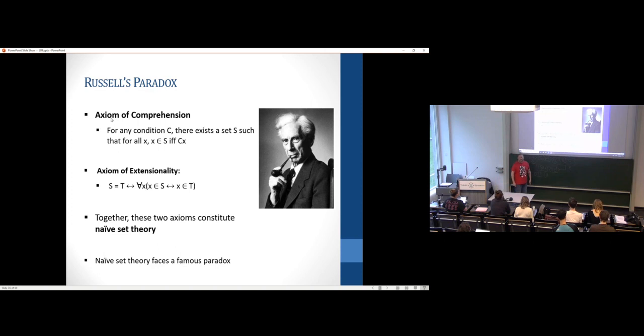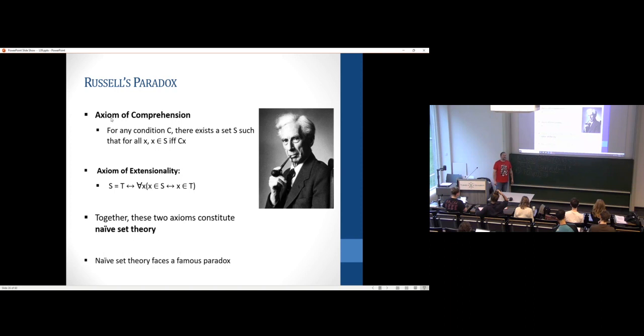So the axiom of comprehension tells us, hey, think of whatever condition you want. There's going to be a collection of things that satisfy that condition. So there's a set of all things that are tables. Cool. There's a set of all things that are non-buses. Cool. There's a set of all people who are left-handed that like Billy Joel.